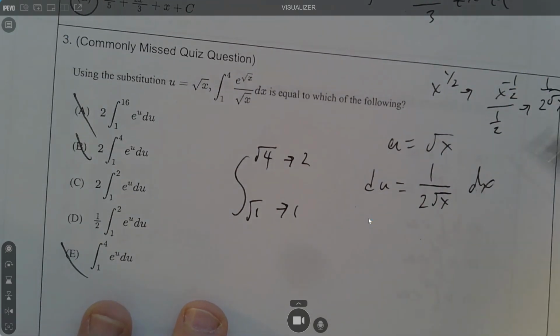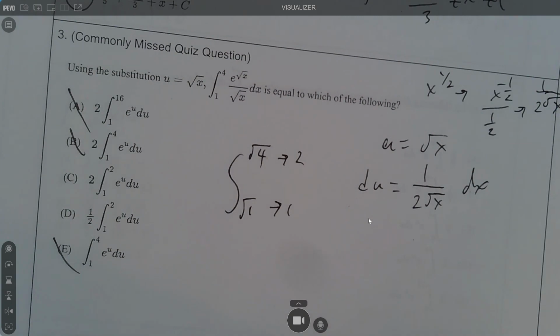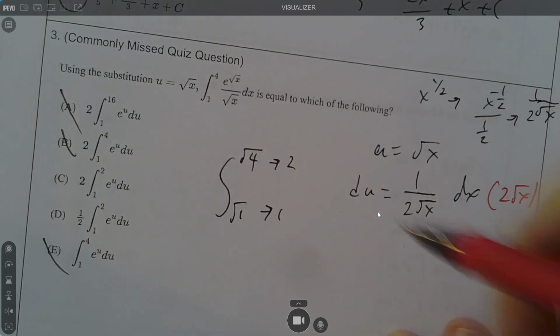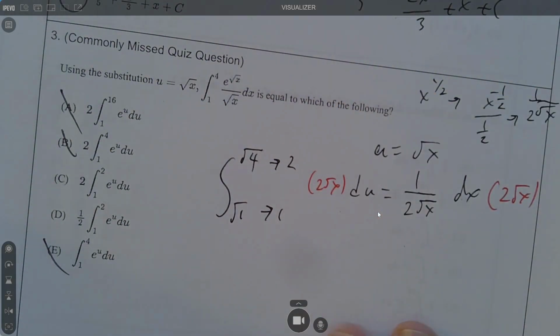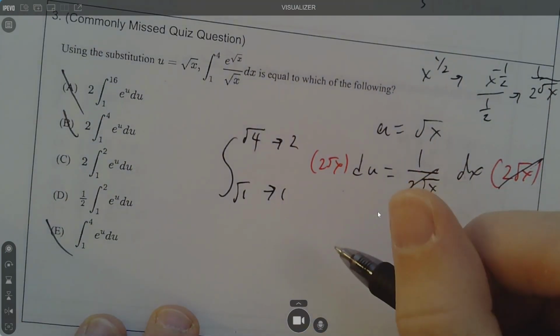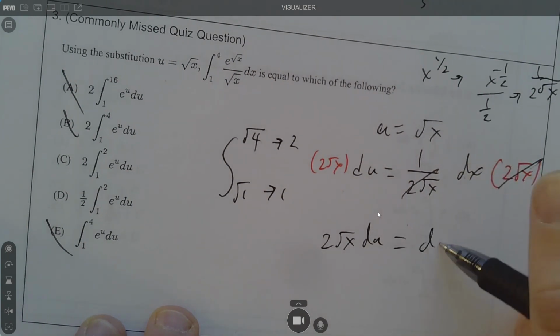And so when we get dx alone, we don't divide by 2 root x. You're actually going to multiply by 2 root x to get this out of there. This is a mistake that I saw. So you multiply by 2 root x on both sides. Then this cancels with this, and you have 2 root x du equals dx.